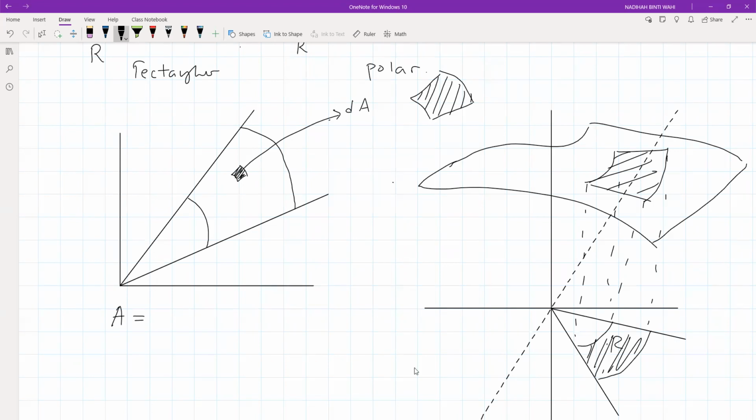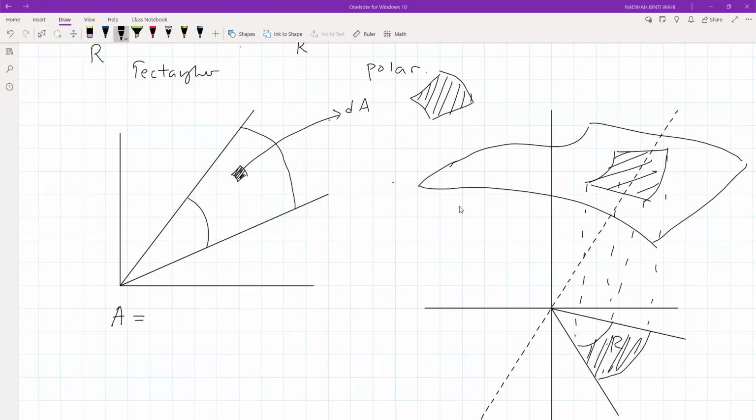Daripada apa ni? Add map dulu. Area untuk sektor. Tak ingat dah. Fatin tak ingat, Fatin?